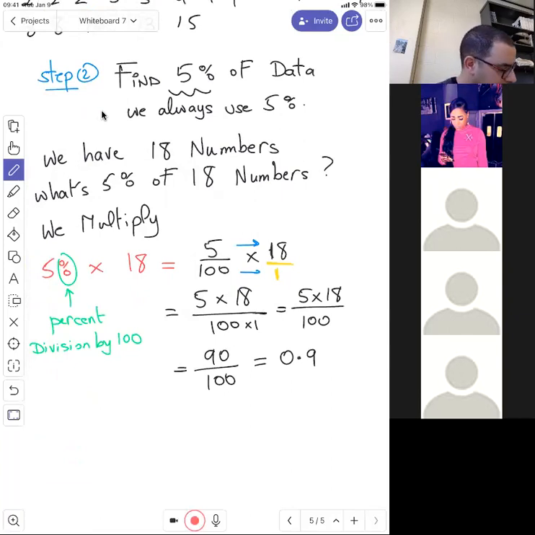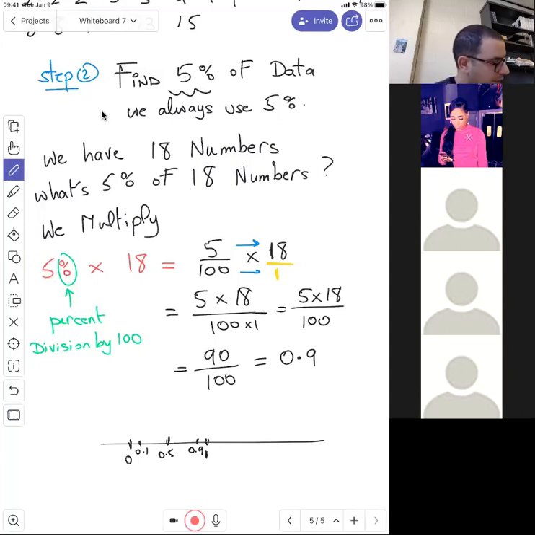On your number line, you have 0, you have 1, and this is 0.9. 0.9 is very close to 1, so the closest whole number to 0.9 would be 1.